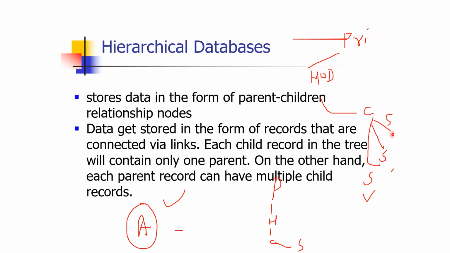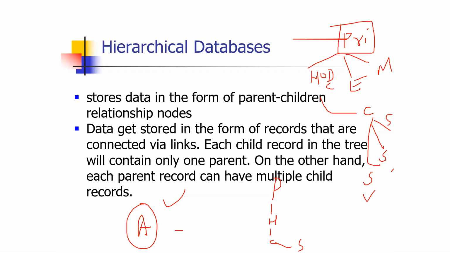For the HOD, the parent is the principal. For the class teacher, the parent is the HOD. For subject teachers, the parent is the class teacher. For the principal, there can be multiple HODs for multiple branches: HOD of computer, HOD of electronics, HOD of mechanical. But the principal will always be one for a whole college.